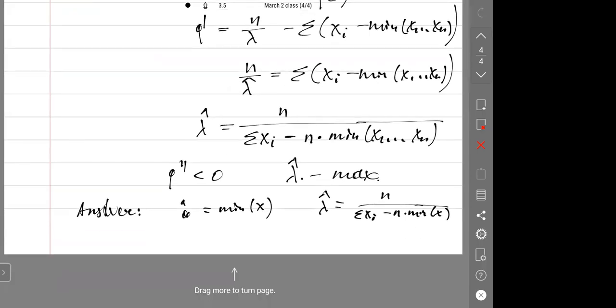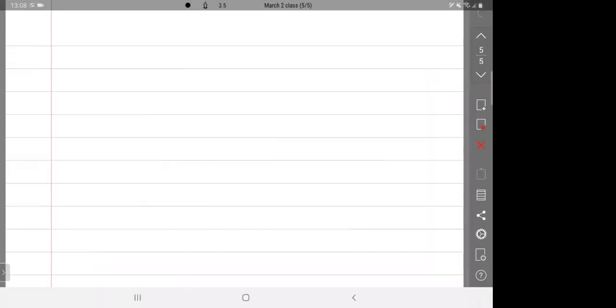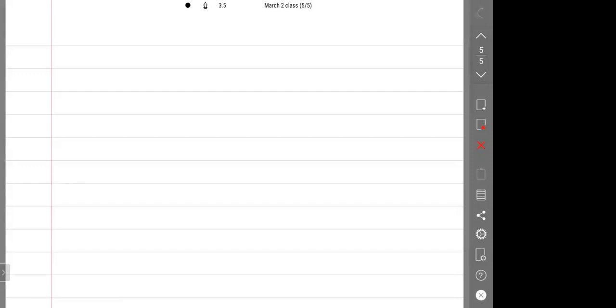Okay, we have, I think, 10 minutes. Let's solve some difference equations, for example y(t+1) minus 2y(t) equals 7 and y0 is 3.